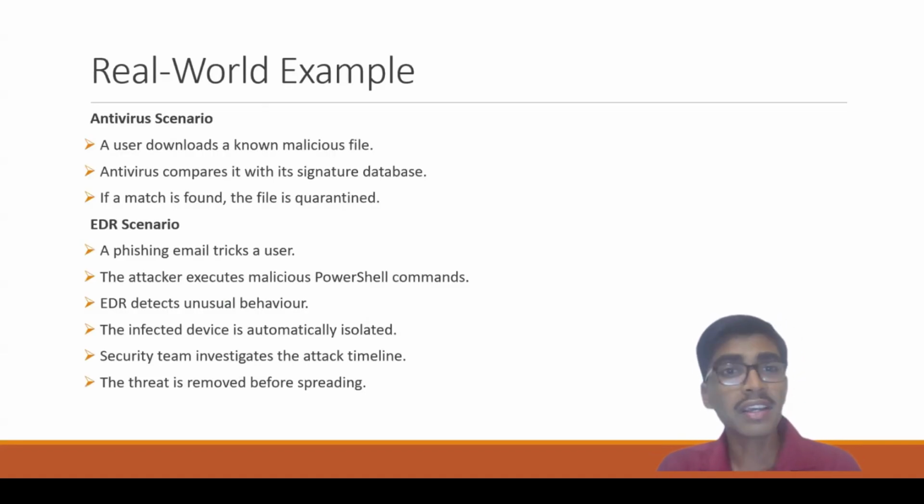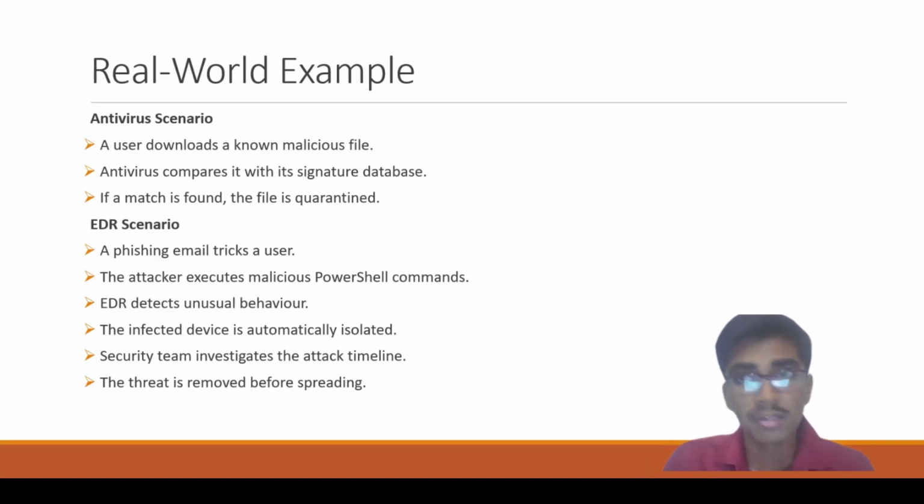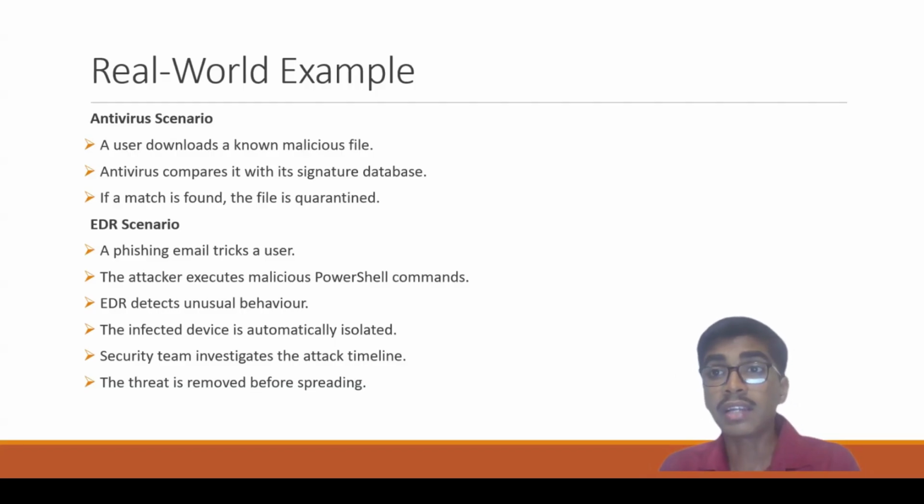So what are the real-world examples? As you can see, in the antivirus scenario, a user downloads a known malicious file. Antivirus compares it with its database of known signatures, determines that this particular file is suspicious or a virus, and quarantines it. Whereas EDR checks for patterns, and if a file is downloaded onto our system, EDR continuously monitors what this file is actually doing.